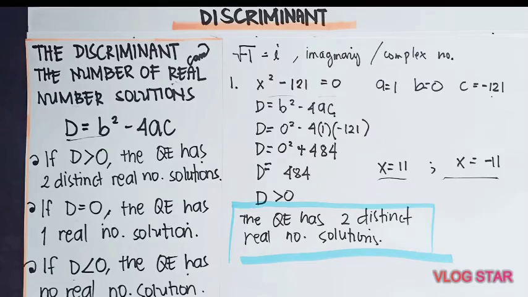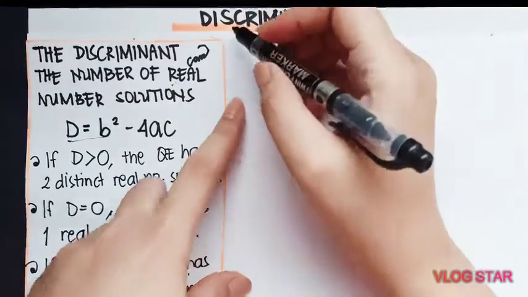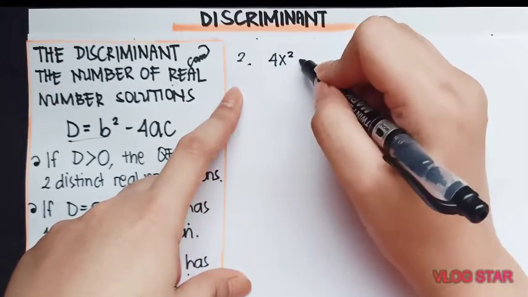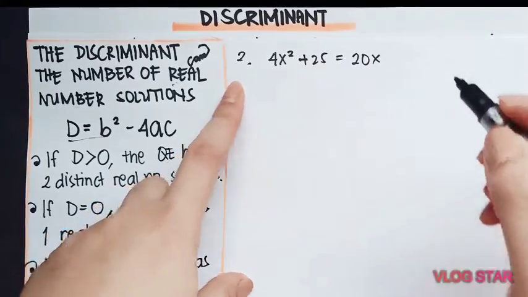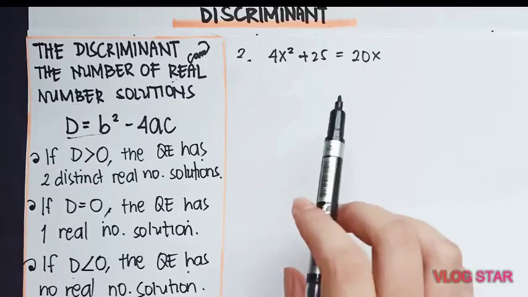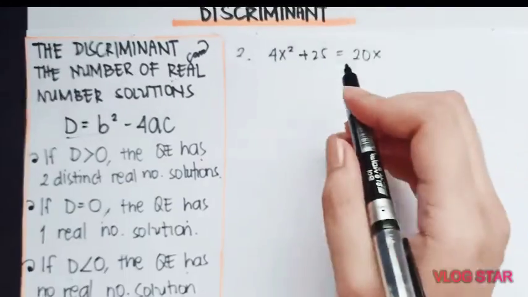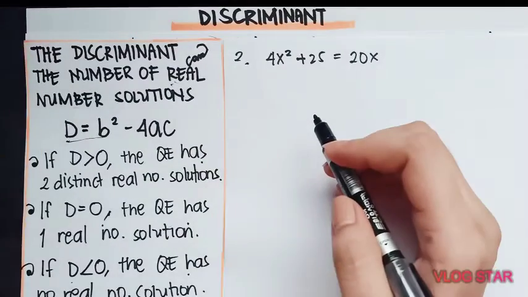Let's have another example. Number 2: 4x squared plus 25 equals 20x. We have actually solved this in our previous video. So let's first write this in standard form.